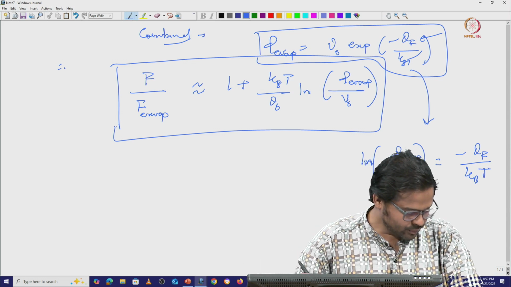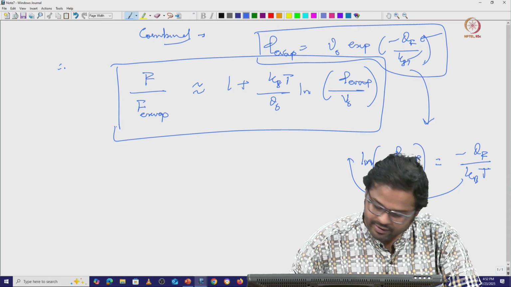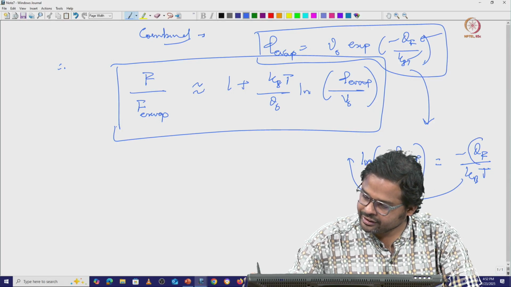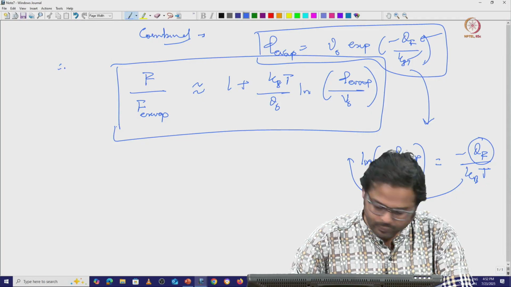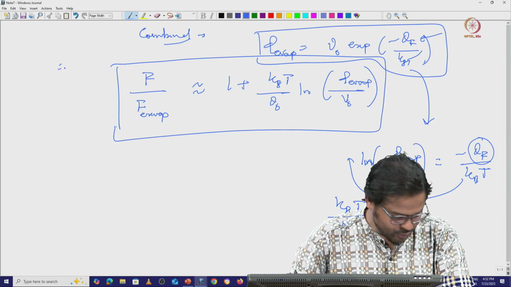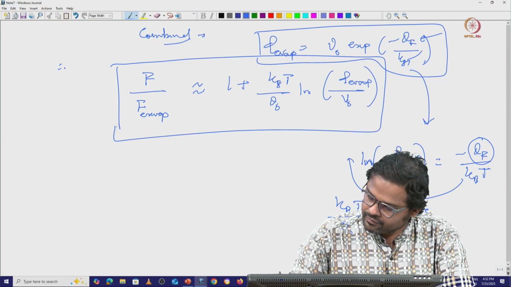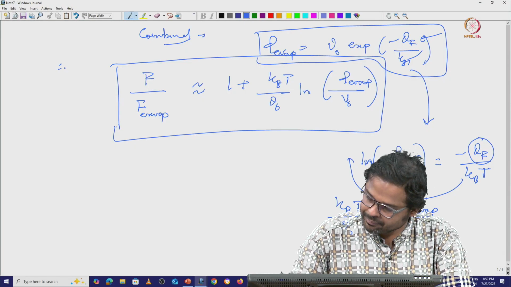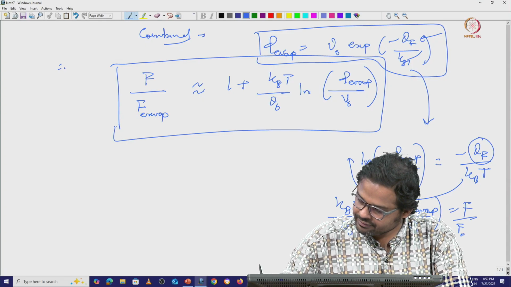Now put this expression in QF, and you will have kBT divided by Q naught ln of evaporation rate divided by mu naught, which equals F divided by FEVAP minus 1.